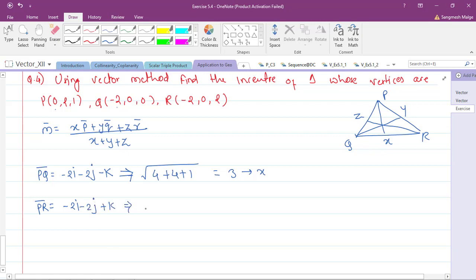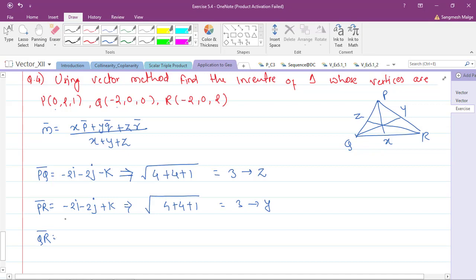So it is root of 4 plus 4 plus 1, which is again equal to 3. This is the value of y. Then we have QR bar. Sorry, PQ bar, so from the figure this becomes our z.